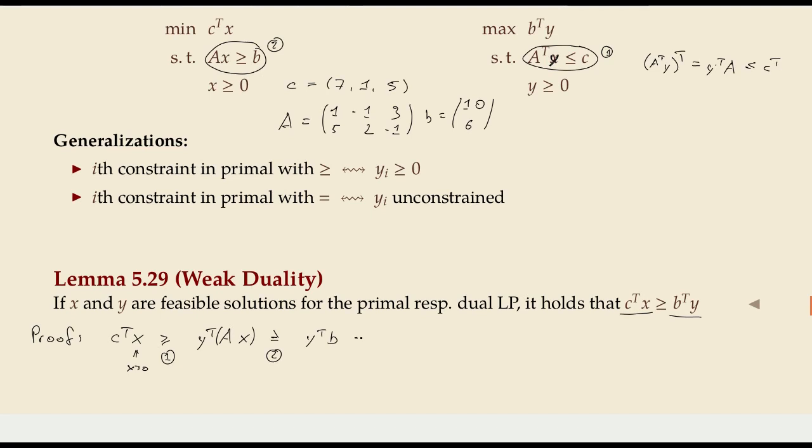And since this is just a scalar, the vector product of the two, you can also exchange them. So the proof is easy and just formally verifies our construction that it goes through in the general case, but it should not come as a big surprise given how we constructed the dual.